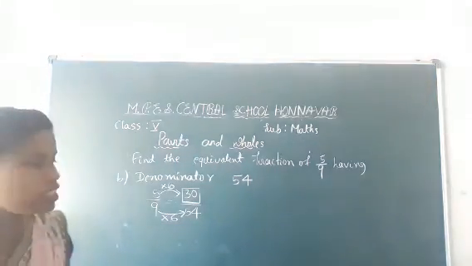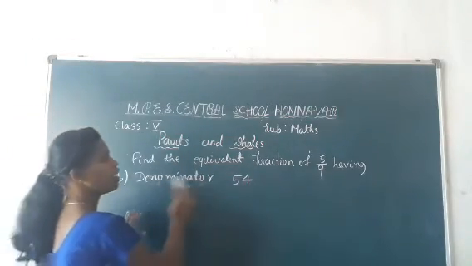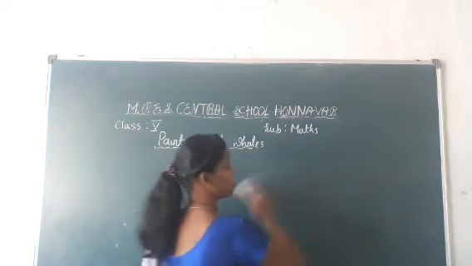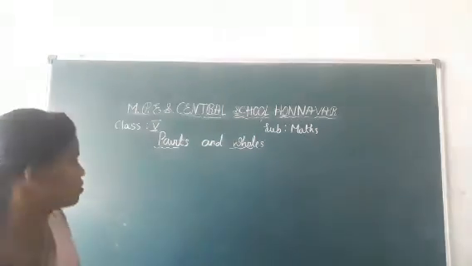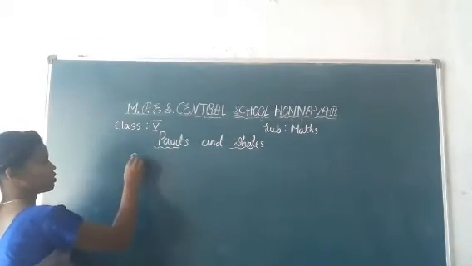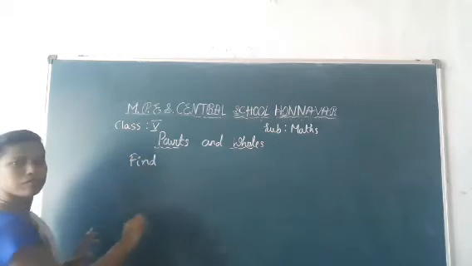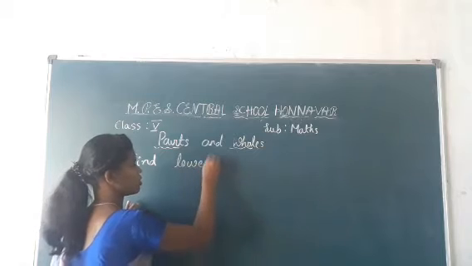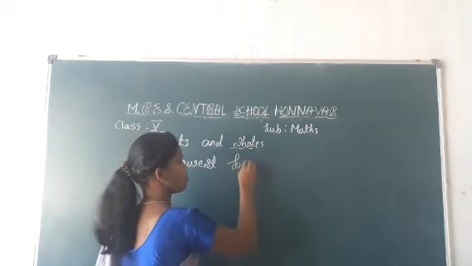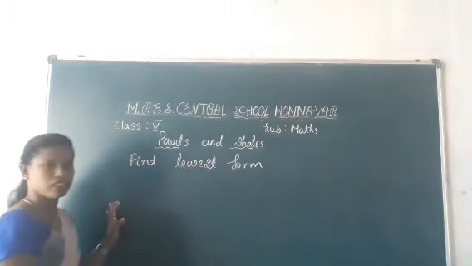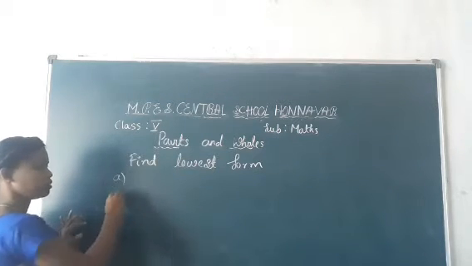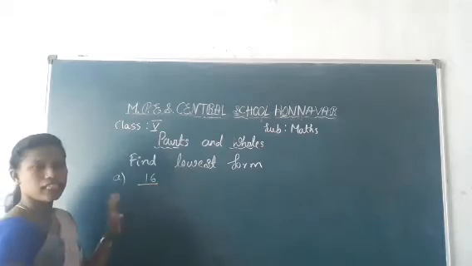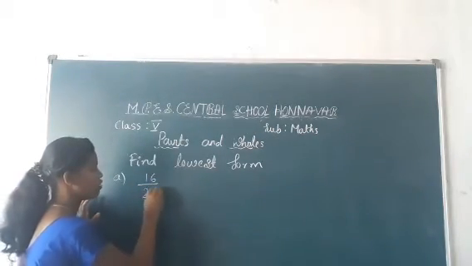Okay, now we see how to find out the lowest form of the fractions. Find the lowest form of the fractions. Okay, first example, 16/24.